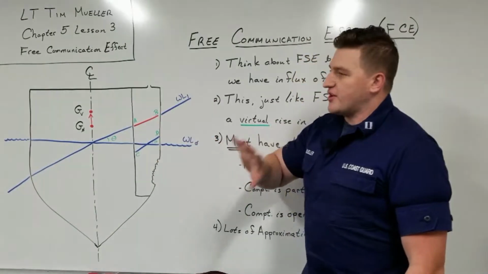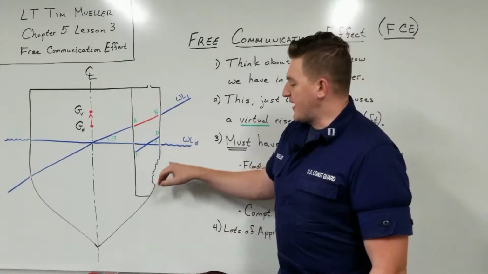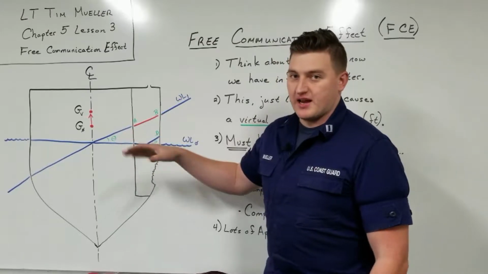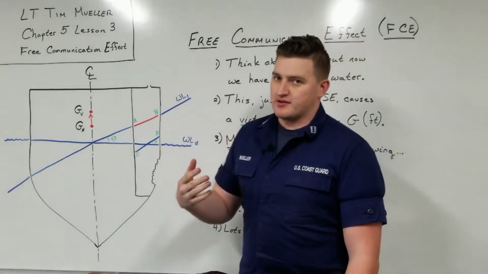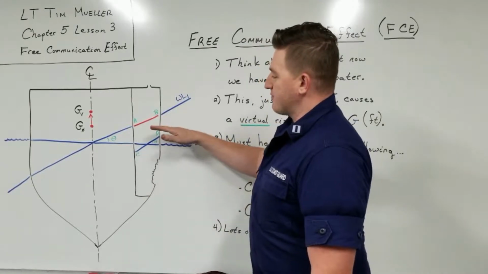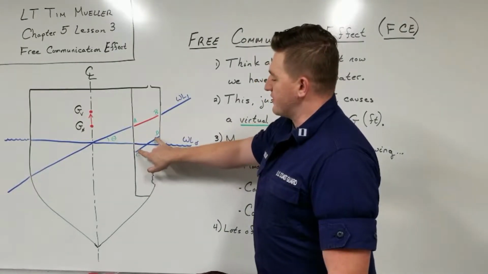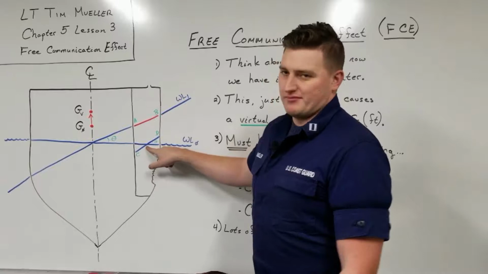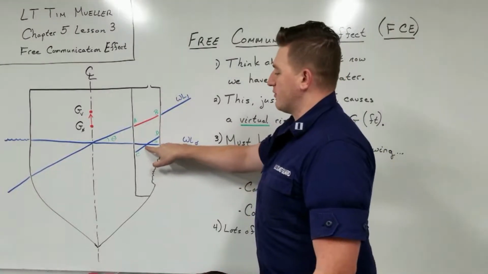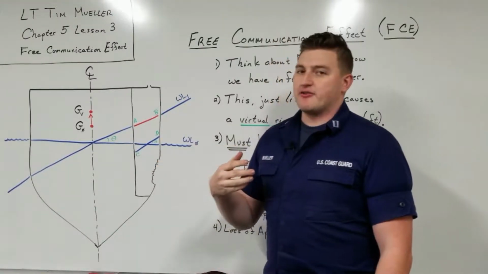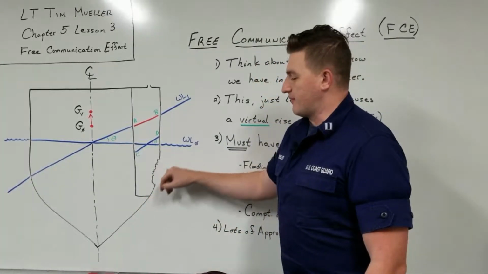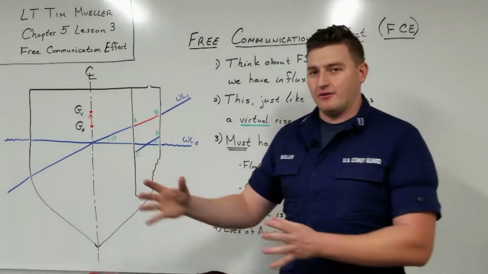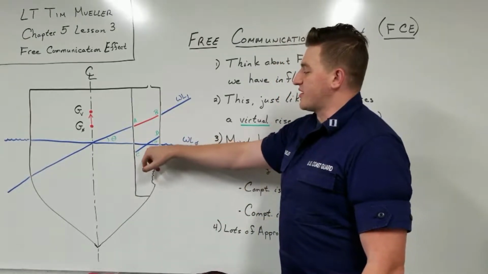Now, if we had just the free surface effect, so pretend that we had all this water rush in and then that hole was magically closed off, we remember from the free surface effect video that as we incline, that surface is just going to incline right along some little pivot point along its original waterline. However, when we have free communication effect, this whole allowing water to flow in and out, we don't have just that.